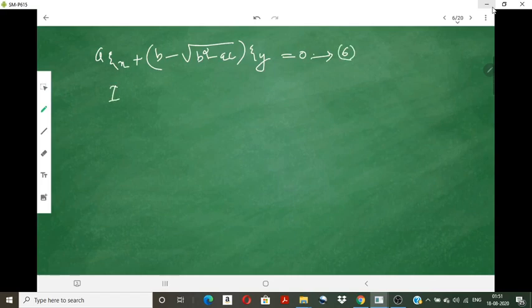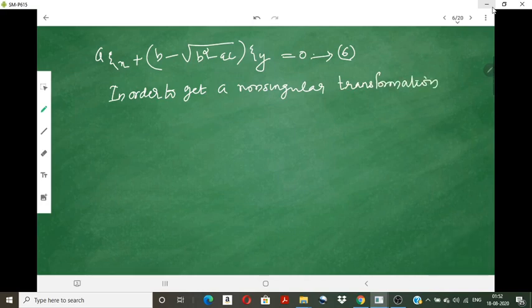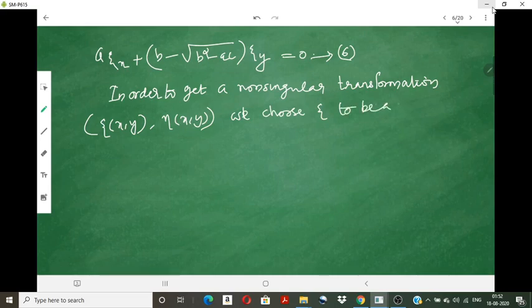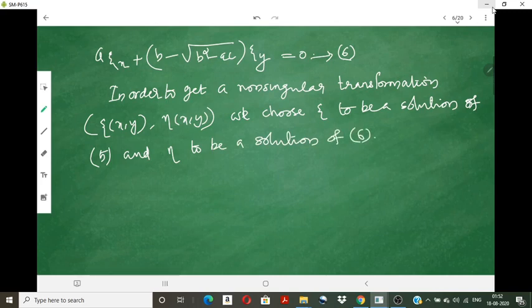So in order to get a non-singular transformation theta of xy, eta of xy, we choose theta to be a solution of equation number 5, and eta to be a solution of 6.